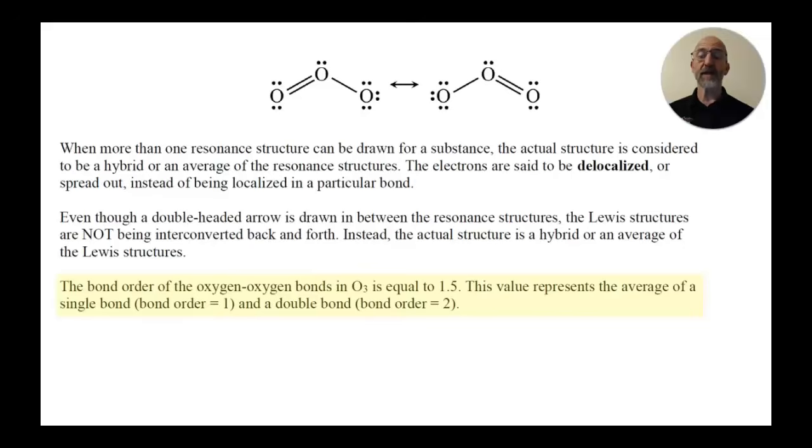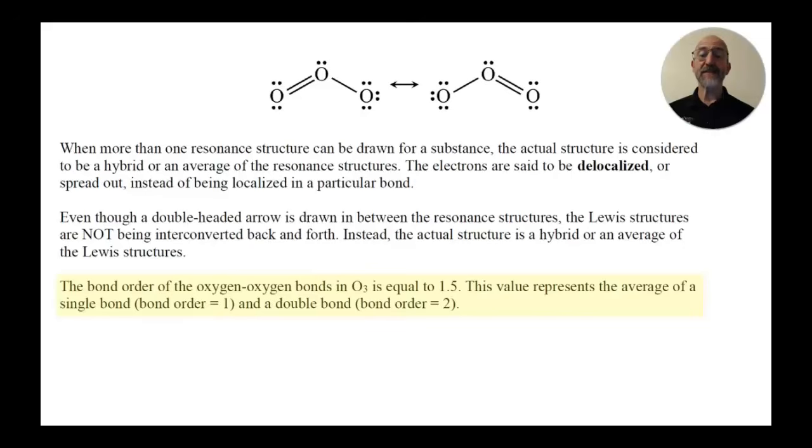A single bond has a bond order of 1. A double bond has a bond order of 2. Now, the bond order of the oxygen-oxygen bonds in the molecule ozone is equal to 1.5. Why? Because this value of 1.5 represents an average of a single bond, bond order of 1, and a double bond, bond order of 2.